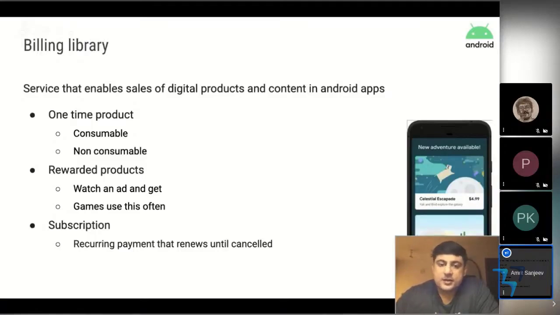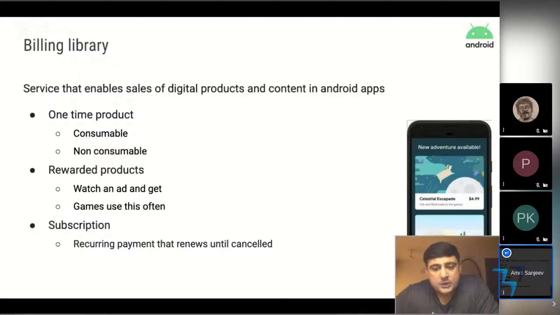When that becomes zero, there's no longer any product available for you to use. A non-consumable product is like a one-time payment that you make for a premium version of an app. So you pay a couple of dollars or a couple of hundred rupees and then get a lifetime license for it, where no matter how much you use, this particular product is not getting removed from your usage.